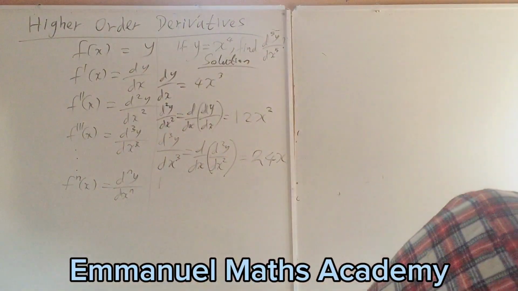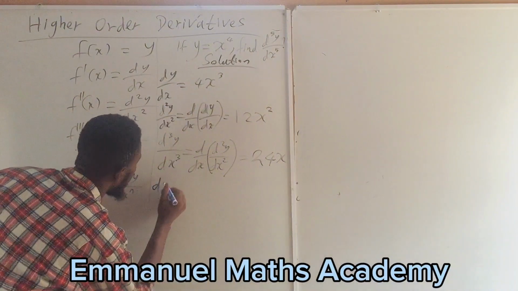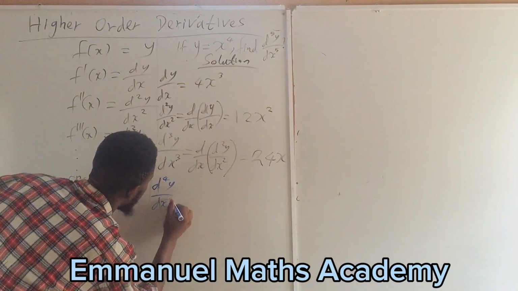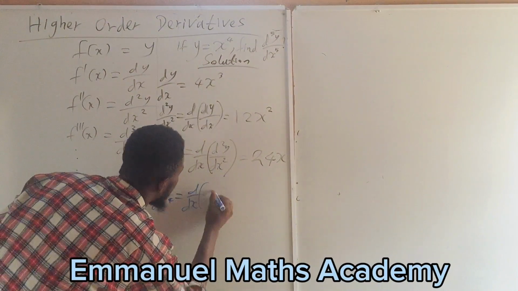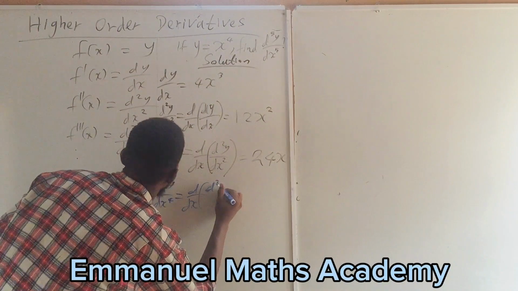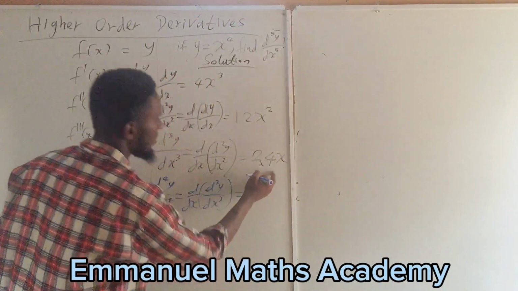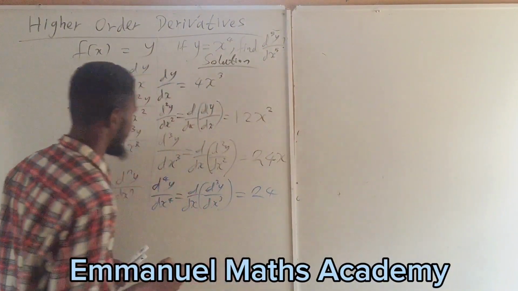Then the fourth derivative now becomes d power 4 y over dx power 4 equal to d over dx of d cubed y over dx cubed, equal to, if you differentiate this again, you have what? 24, right?